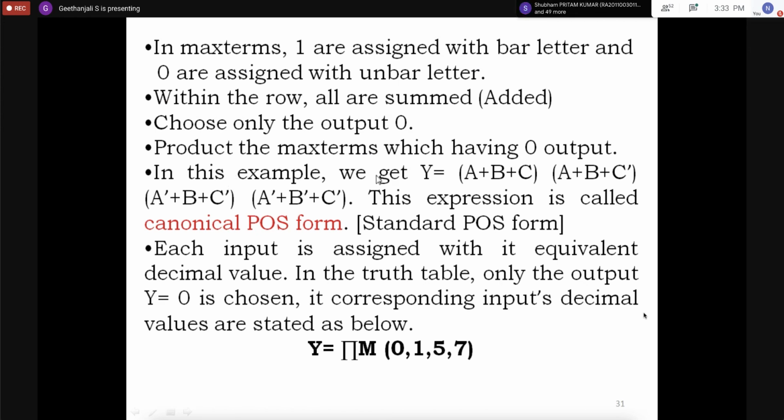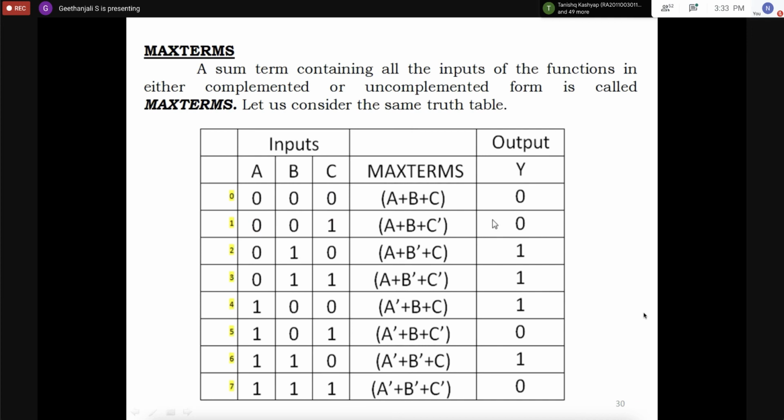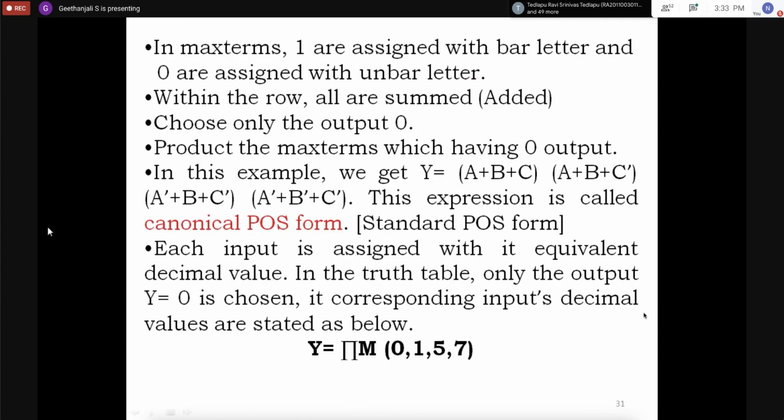In this example, we get y is equal to a plus b plus c, a plus b plus c dash. Wherever you see the 0, you have to write the terms, 1, 2, 3, 4. This expression is called canonical POS form, standard POS form.